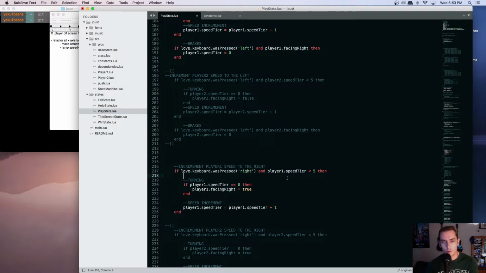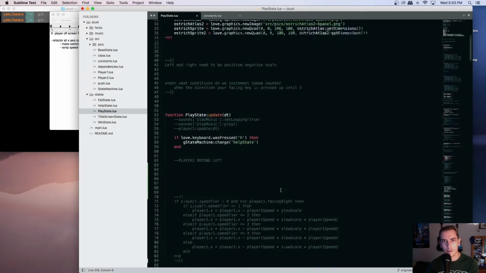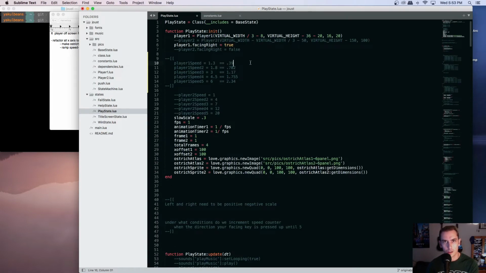So if that's where we're incrementing the speed tier, we would want to do it here. I'm going to see what the difference is between each of these and see if there's any consistent looking value emerging.